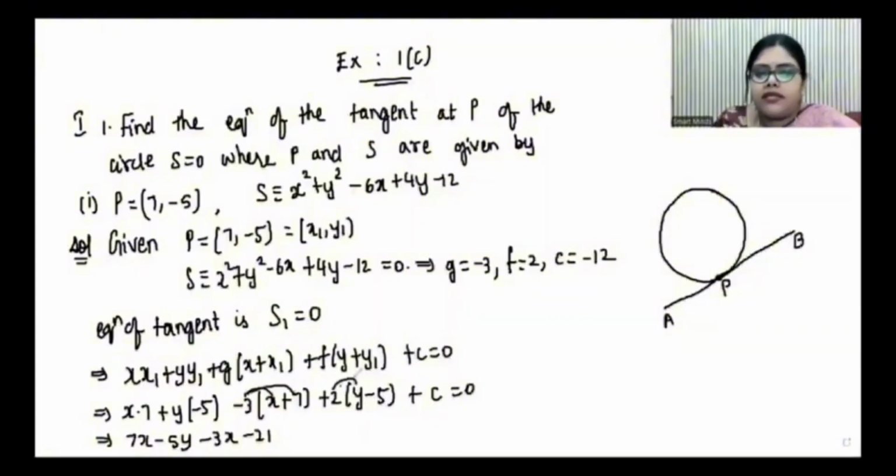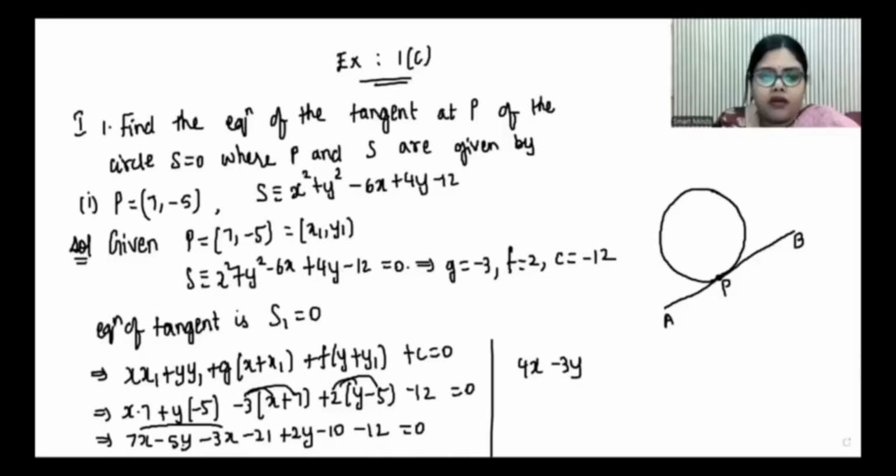Now we multiply this into this, this into this. And in the place of c, we will write -12. So that is plus 2y - 10 - 12 = 0. So now first we simplify the x terms. 7x - 3x is 4x. -5y + 2y is -3y.